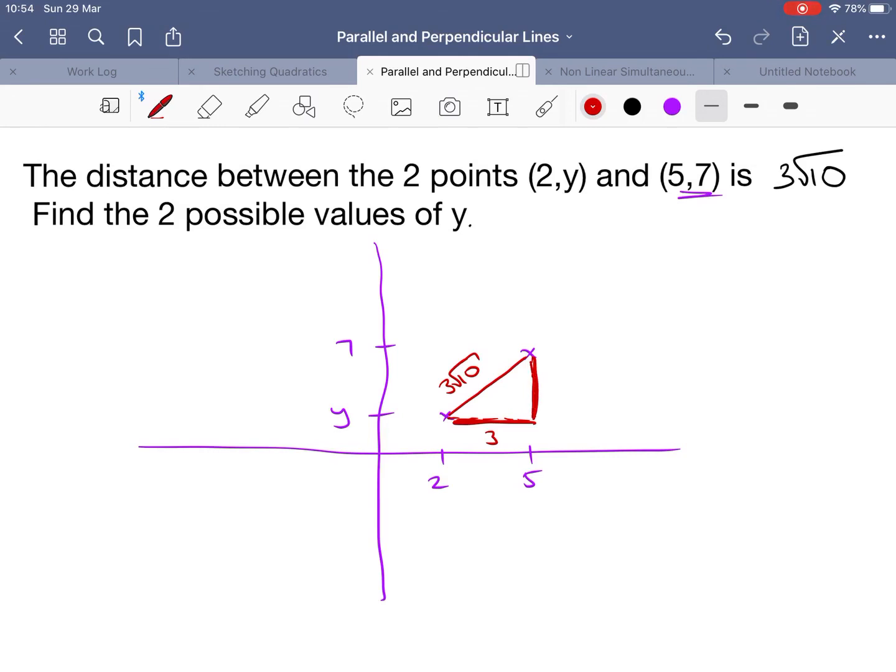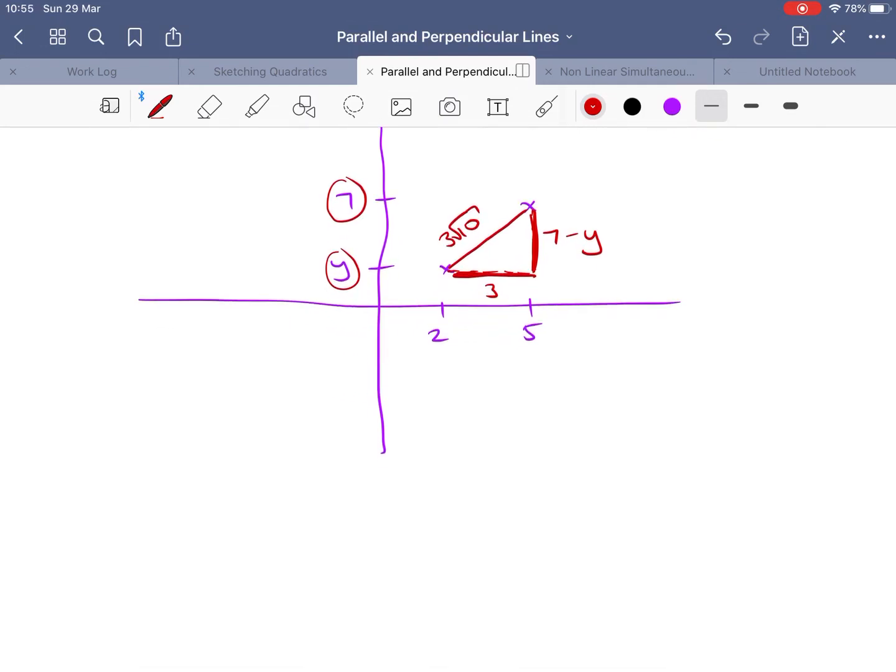The length of this part of the triangle, the height of the triangle, is the difference between these two values, which I'm going to write as 7 take away y. And I can use Pythagoras now to solve this problem, because I can say 3 squared plus 7 minus y squared must equal my 3√10 squared.